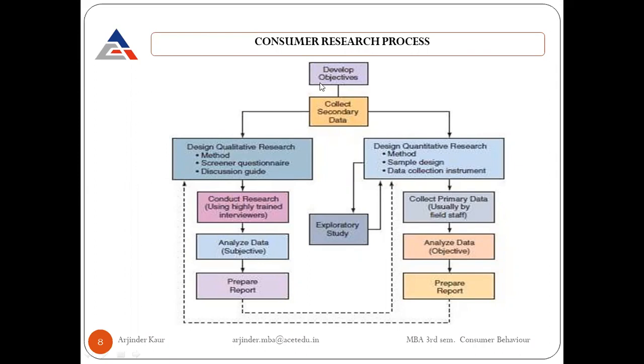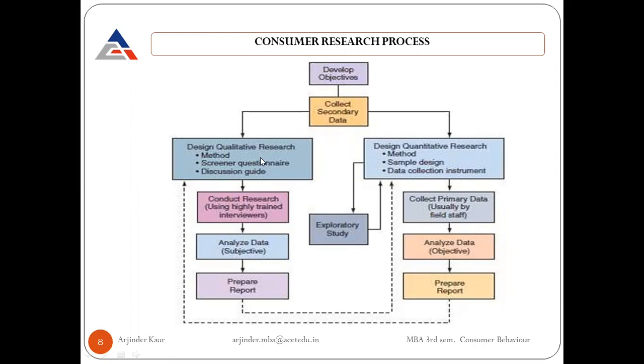And if the objectives are such that we need quantitative data, then we can go for designing the quantitative research. In each of these categories, what are the methods we'll be using? What is the sample design? What is the data collection instrument?